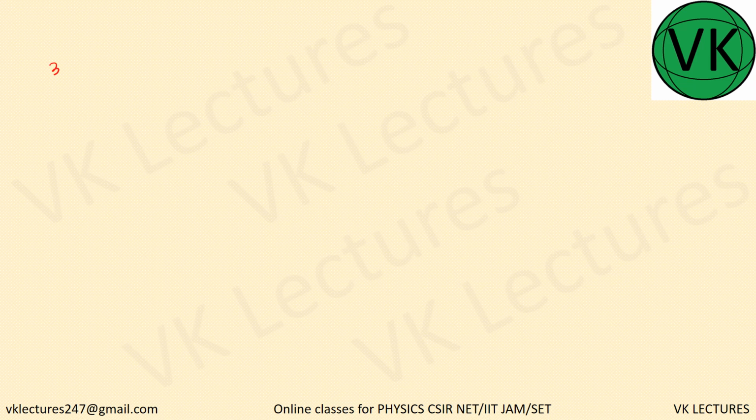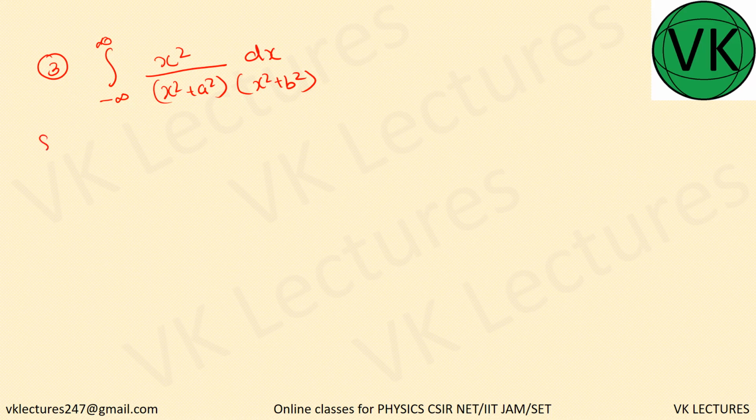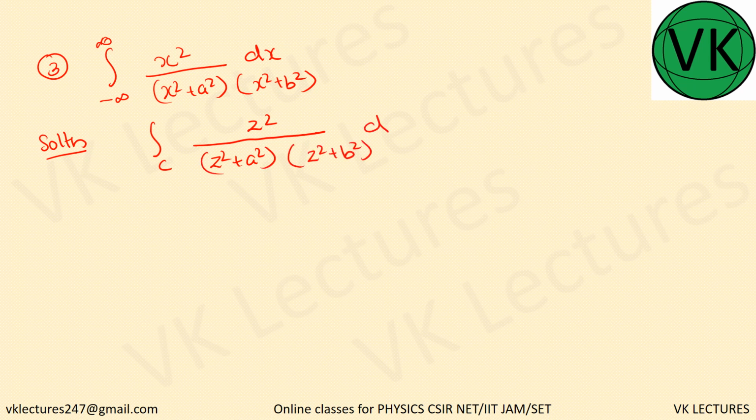Then the third question, integral from minus infinity to plus infinity of x square divided by x square plus a square into x square plus b square dx. The solution of this is the integral over c of z square divided by z square plus a square into z square plus b square dz. So we are taking the valid points z is equal to plus ia and plus ib.